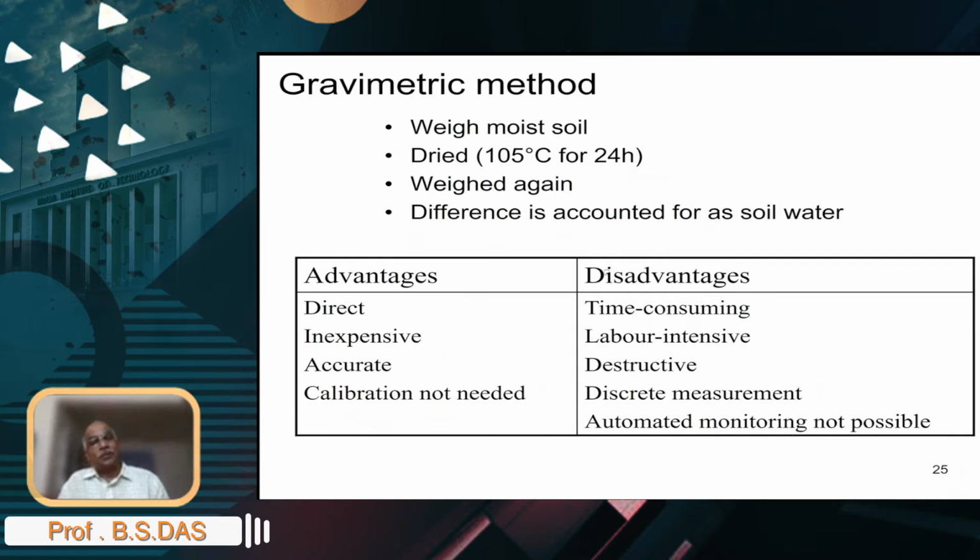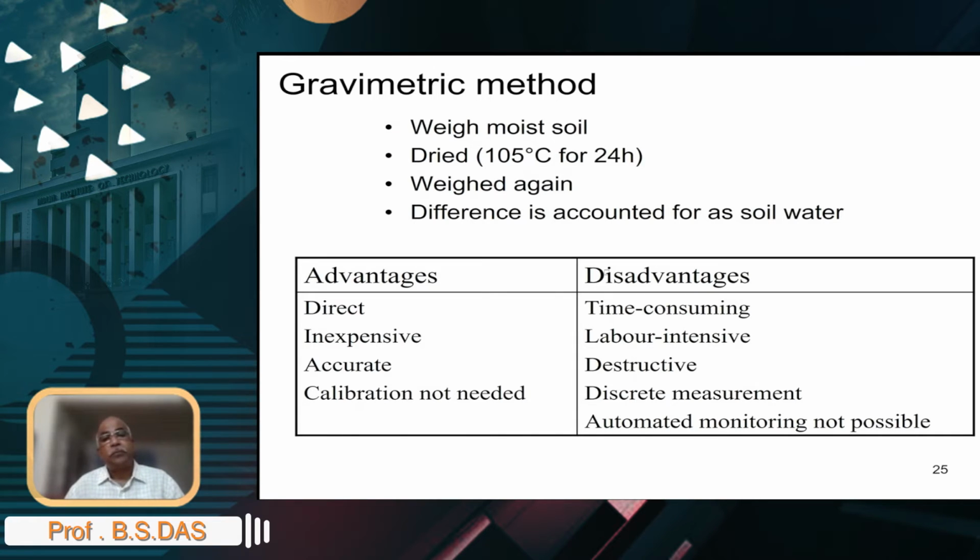So you cannot go back to that same soil and want to know how the water content changed in that sample. It's not possible. Of course, you could take a sample in a nearby location, but because of the variability of the soil that we discussed, it may not be possible for you to have the exact same nature of how soil wetness changed over a period of time.